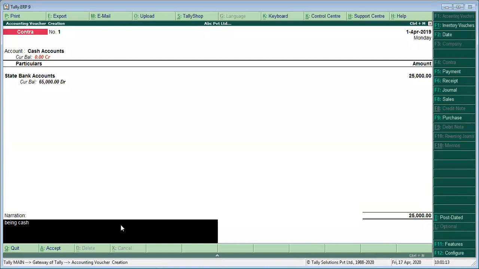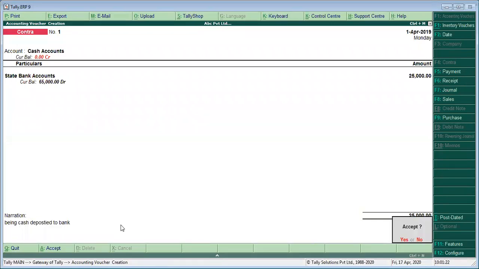So what will be the narration? Being cash deposited to bank. Okay, be very particular. In the books of accounts where you prepare, it is State Bank accounts debit to cash accounts. But here it is cash accounts, State Bank accounts.